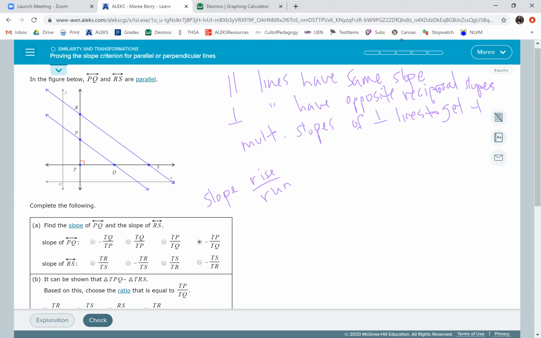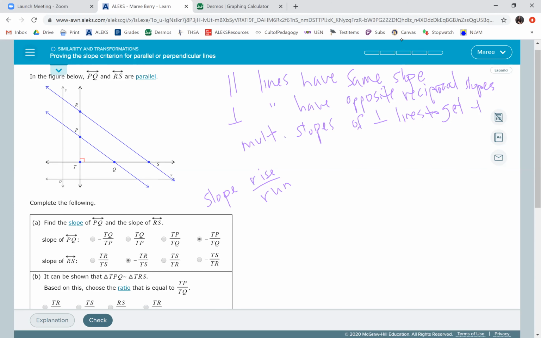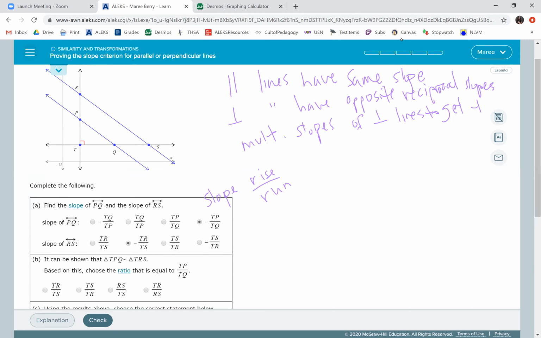And RS is a negative slope, so it's going to be the negative one. It can be shown that triangle TPQ is similar to TRS. Based on this, choose the ratio that is equal to TP divided by TQ.